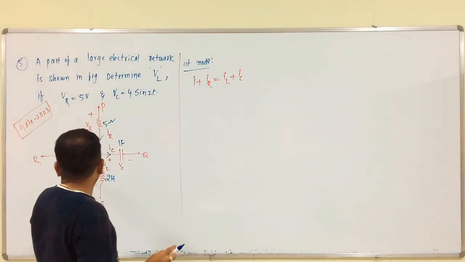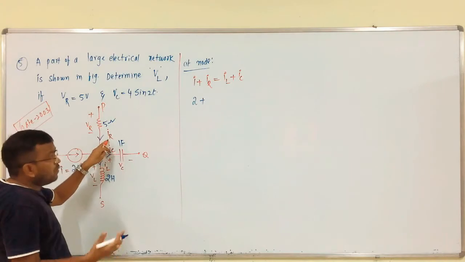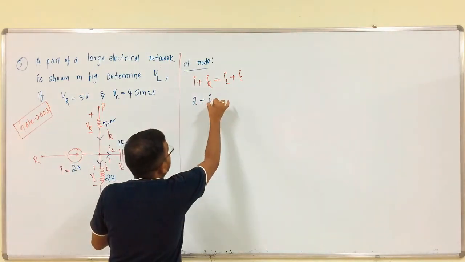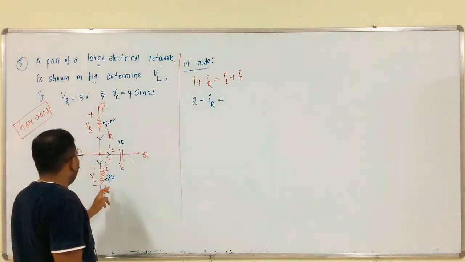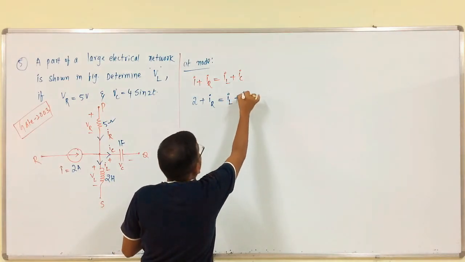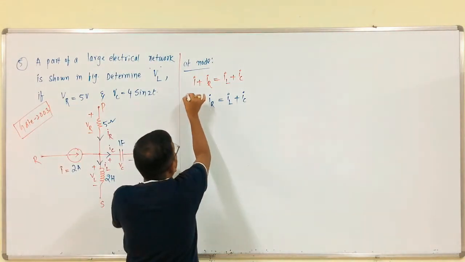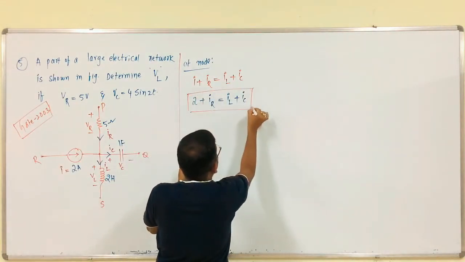So, what is the value of I? It is given as 2, which is equal to IR, we do not know, plus IC, we do not know. This is the equation by KCL.